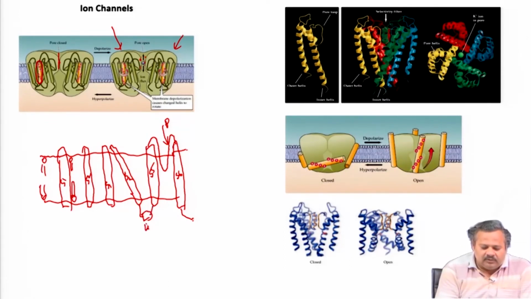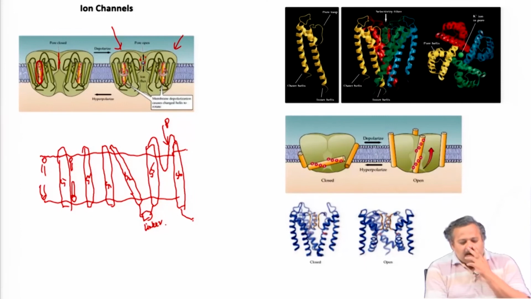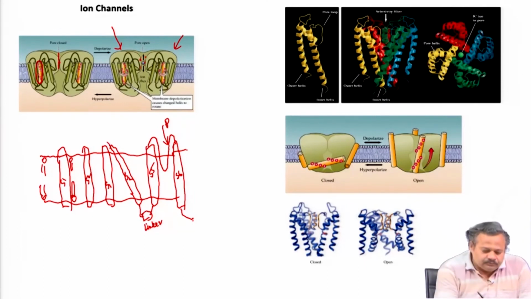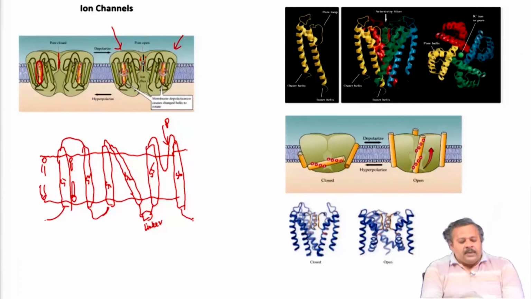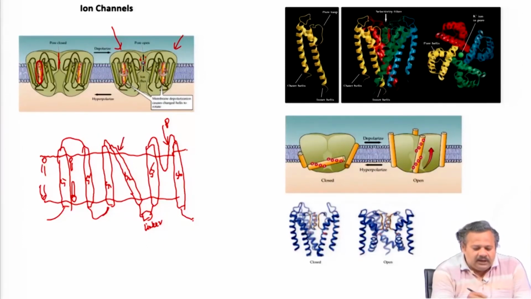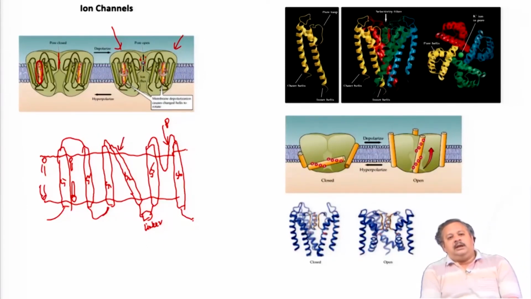This is what we call the linker, and then the rest of them are connected in the same manner, and this is the inside of the domain. This S4 domain is supposed to be the segment that provides the gating that allows it to open or close.